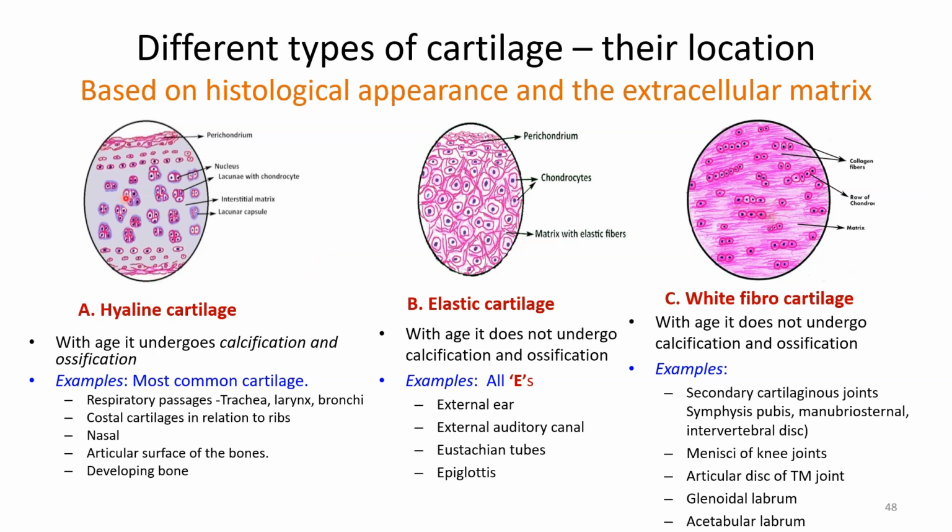So this one is a picture of the hyaline cartilage, and this is of elastic cartilage, and this is of white fibrocartilage, and you can see the perichondrium is absent in the white fibrocartilage. The other two cartilages are having two layers of the perichondrium.